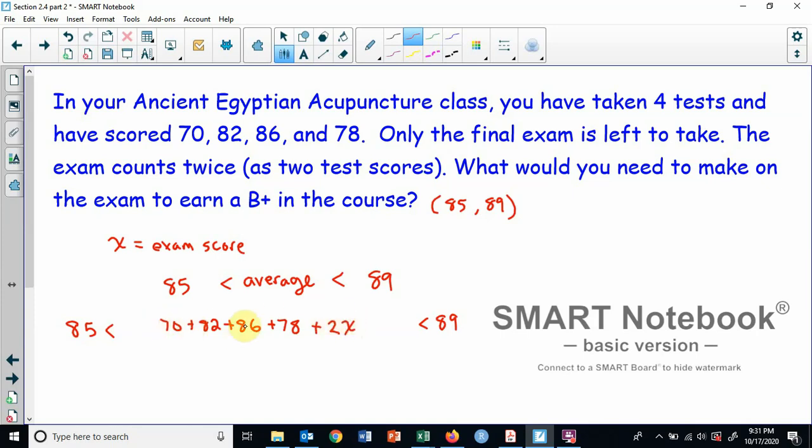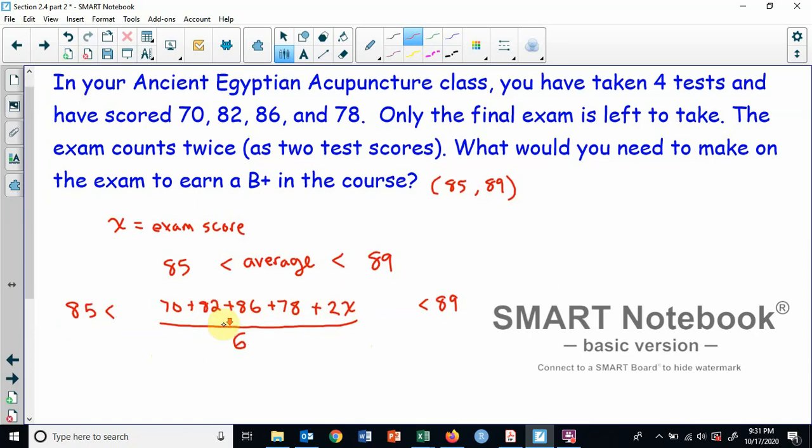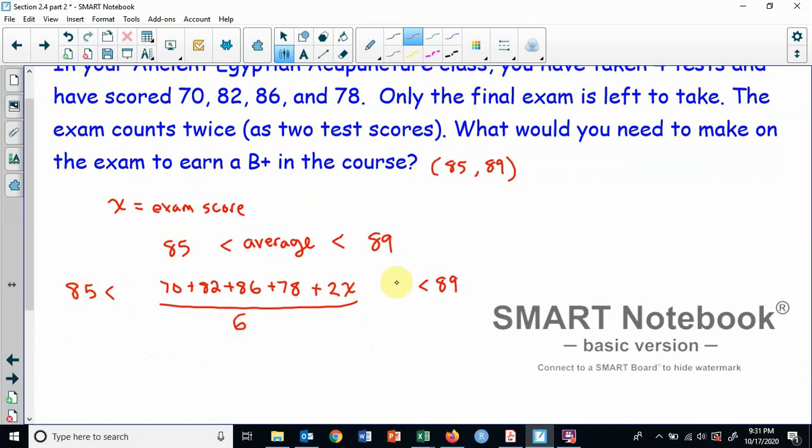To find an average, you add them all up, and then divide by the number that I have. I have 1, 2, 3, 4, and this one counts as 2 tests, so 1, 2, 3, 4, 5, 6. It's like taking 6 tests. So there is my equation right there.